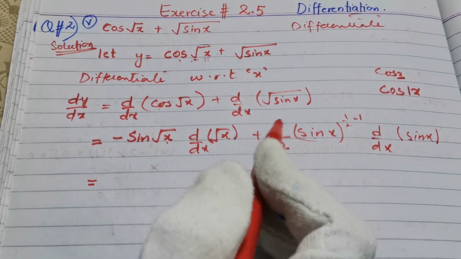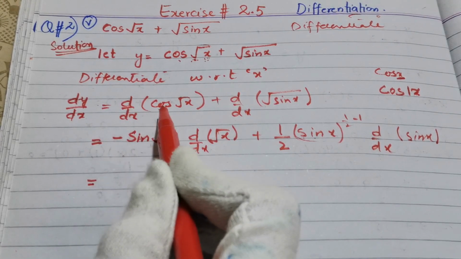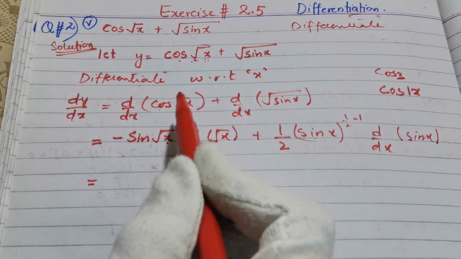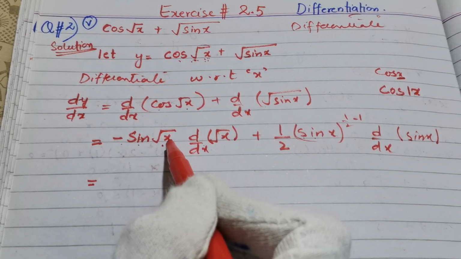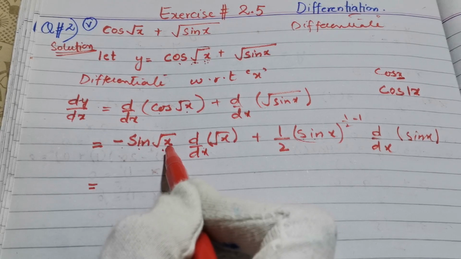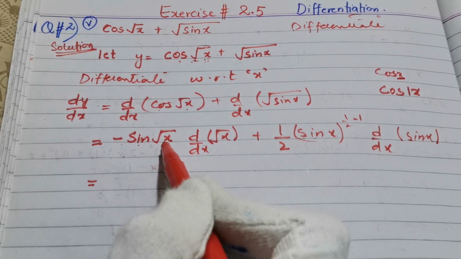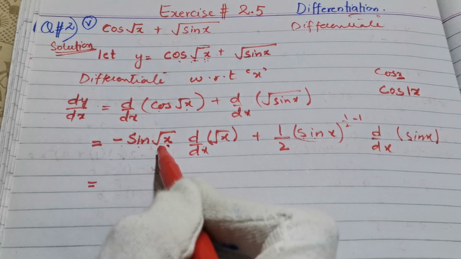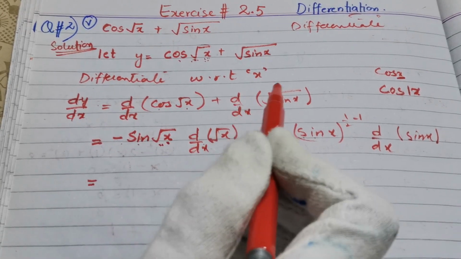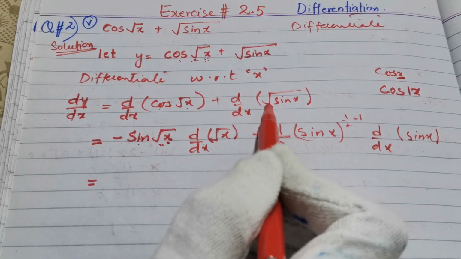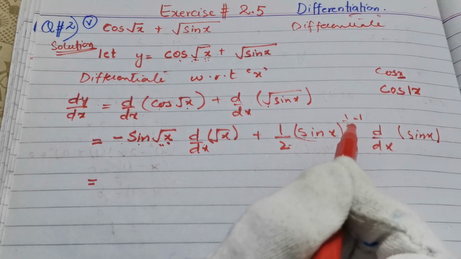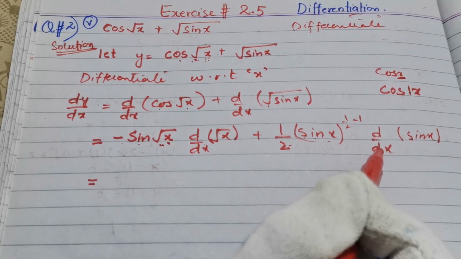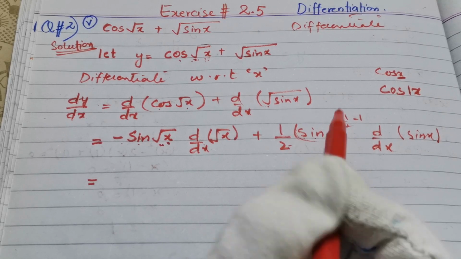Now derivative of cos theta is minus sine theta, and derivative, this is not a simple angle, it means 1x, so we will again differentiate. Now this is in the form of power. First of all we will remove the power. After removing the power we will again differentiate this term.